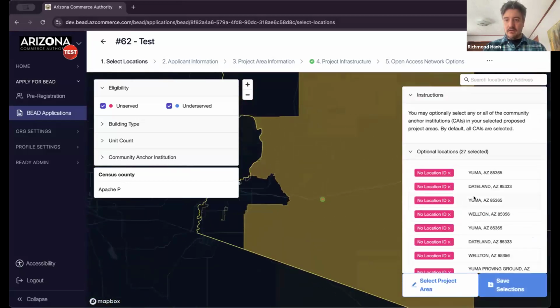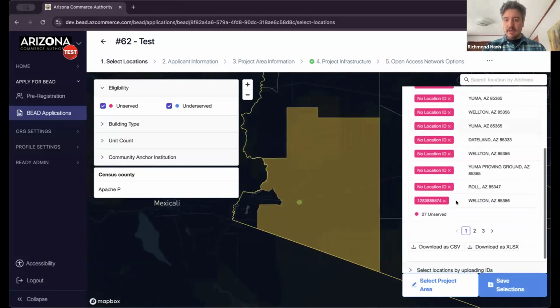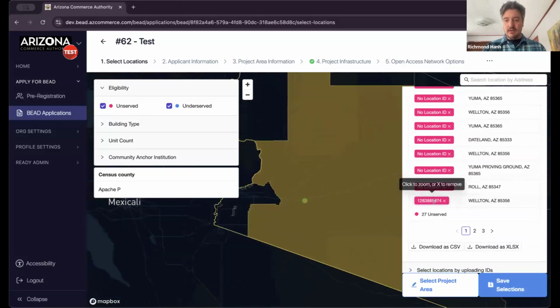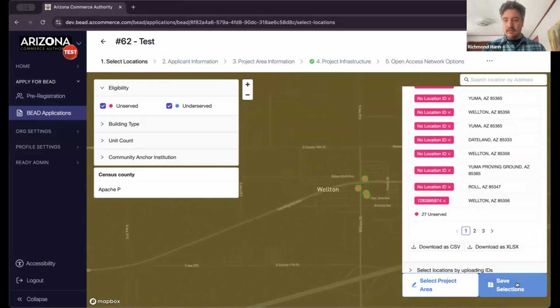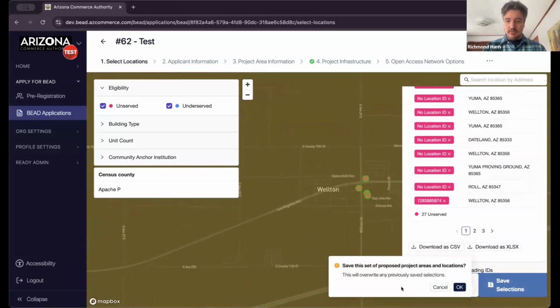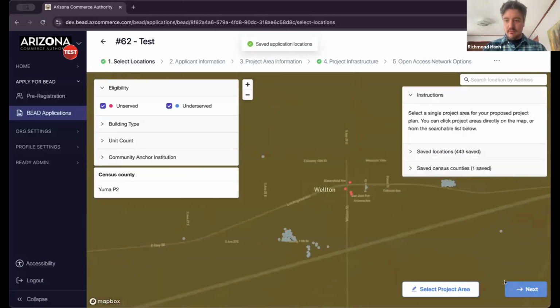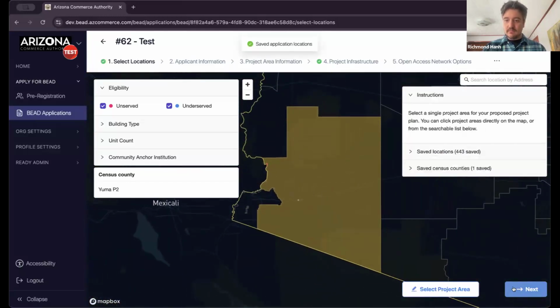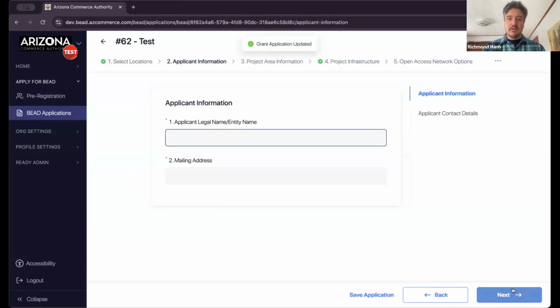For the community anchor institutions, if they have a Fabric ID, we'll display that, and you can look at any of these as well. And then if you decide that you want to go back and choose a different project area, that's what that's for.